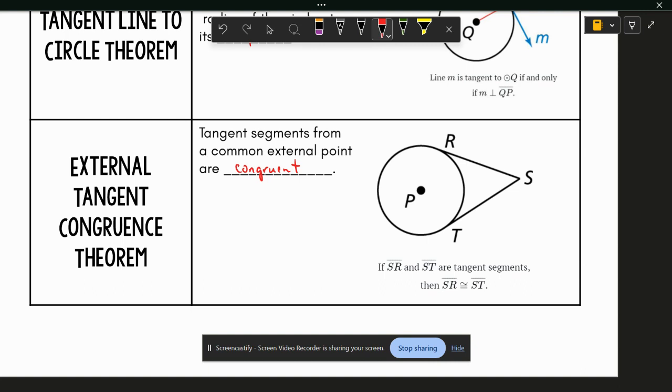So all this is telling us is if we have a common point, those two tangent segments are congruent to each other. And because of the other theorem, I just want to show you this before you turn the page. Check this out. Because of this, we also know that this radius will create a 90-degree angle, and this radius will create a 90-degree angle as well.